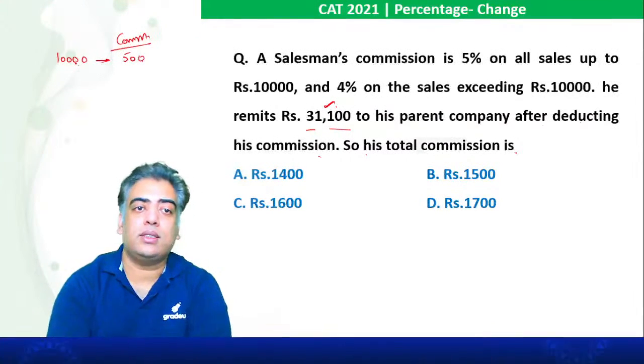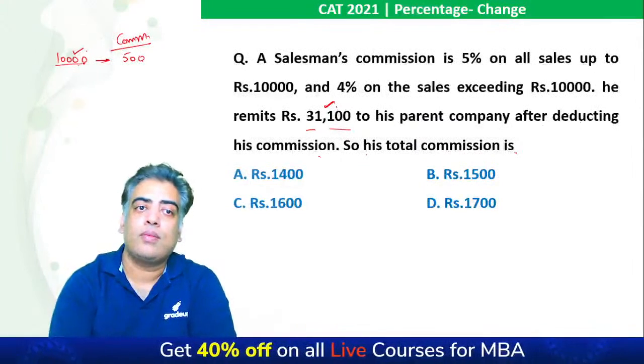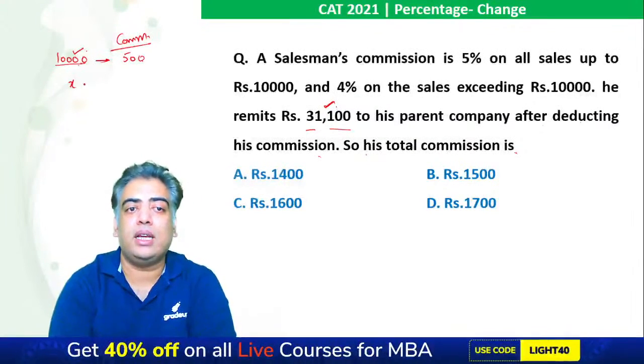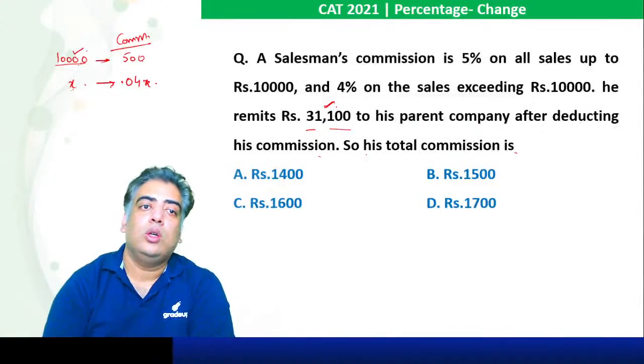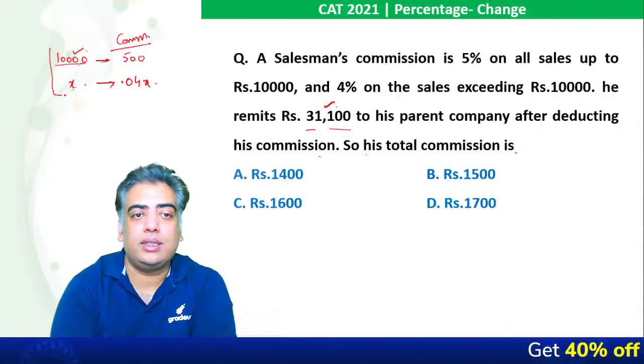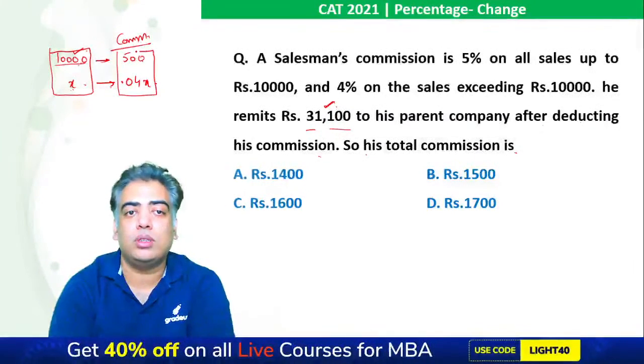And on the sales exceeding 10,000, let's say if he had made a sale of rupee X, he will be getting commission which will be 4% of X, which is 0.04X, right? So this is the total sale that he made, and this is his commission amount.